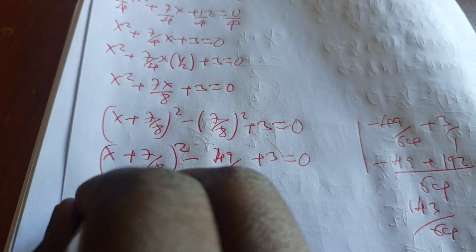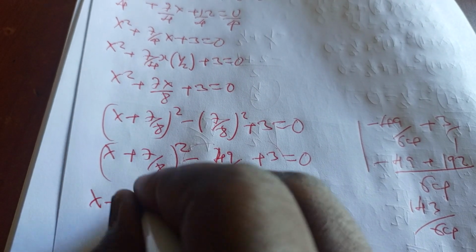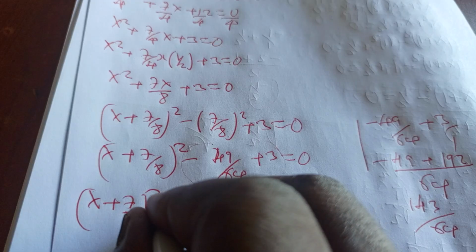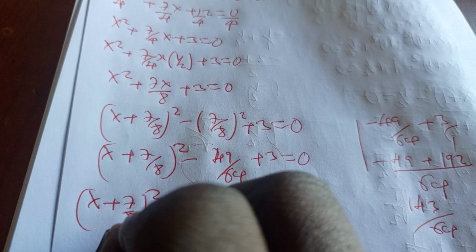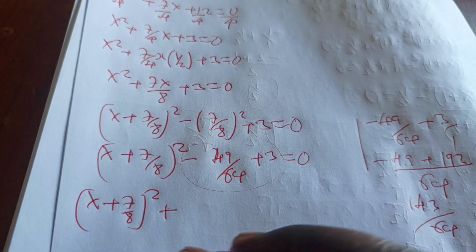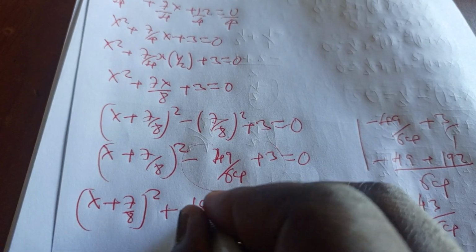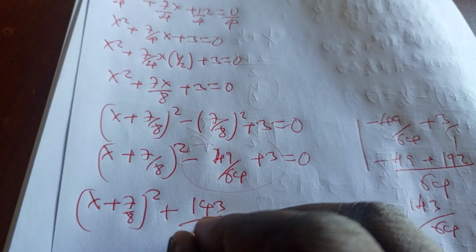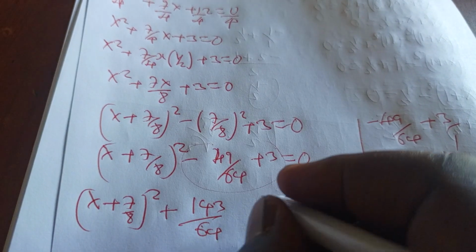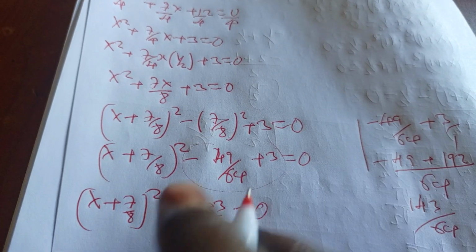So (x + 7/8)^2 plus 143 over 64 is equal to 0.